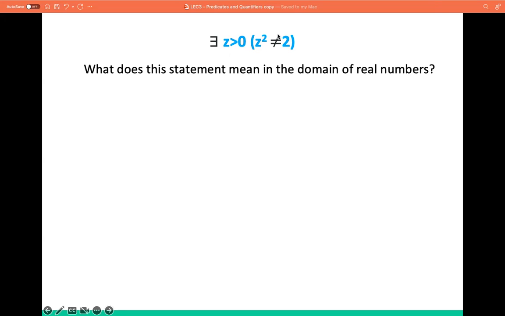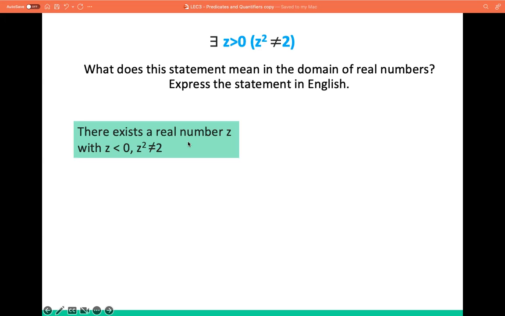Suppose we have another statement: there exists z greater than 0 and that z squared is equal to 2. What does this mean in the domain of real numbers? There exists a real number z with z greater than 0 and that z squared is equal to 2.